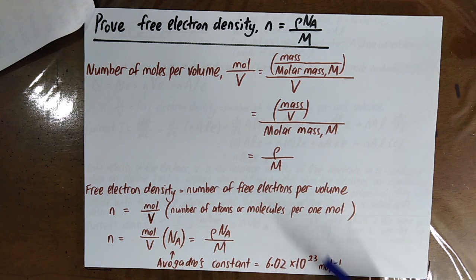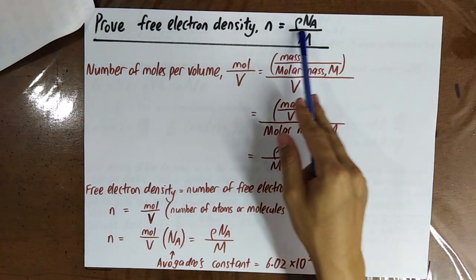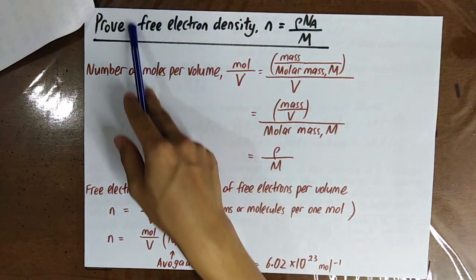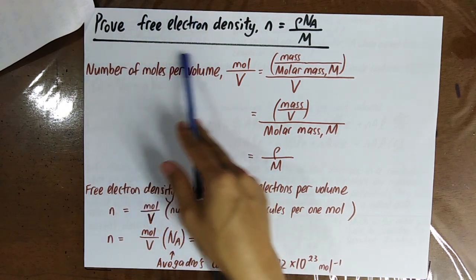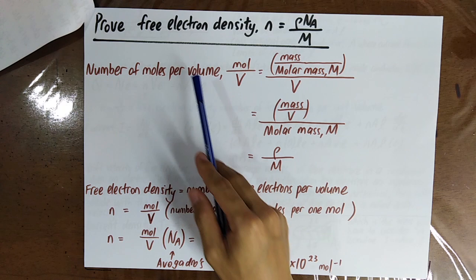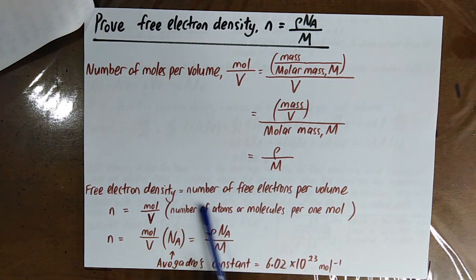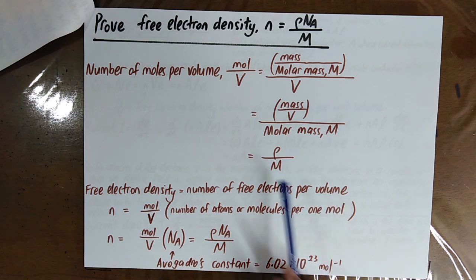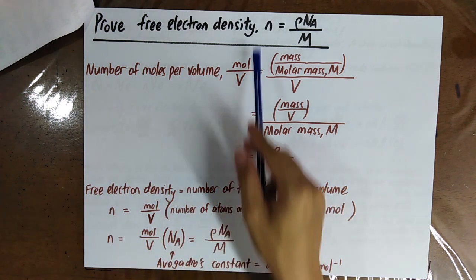First of all, we need to prove the formula for the free electron density. Just now I introduced what free electrons are. Now, if I want to say how many free electrons there are per unit volume, this is the free electron density.